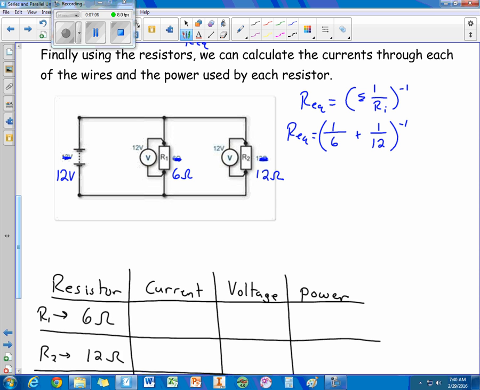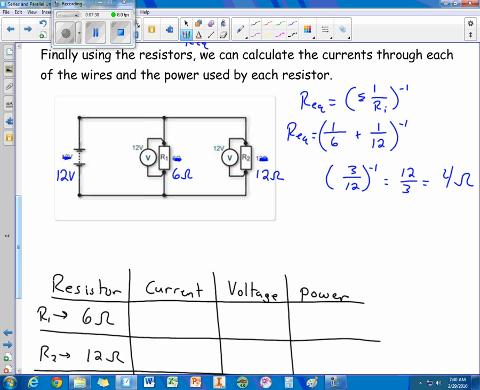So I got 2 twelfths plus 1 twelfth. So that would be the same thing as 3 twelfths. But then I have to flip that. So that'd be the same thing as 12 divided by 3, which equals 4 ohms. So the equivalent resistance of this circuit is 4 ohms.